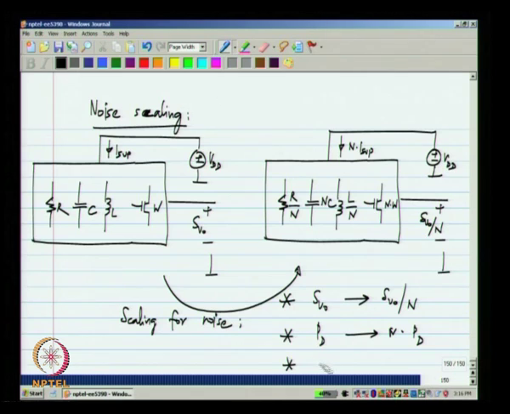Let us assume that we are interested only in the voltage transfer functions. When I say voltages, I do not mean the noise voltages, I mean the signal voltages will be identical in the two cases.